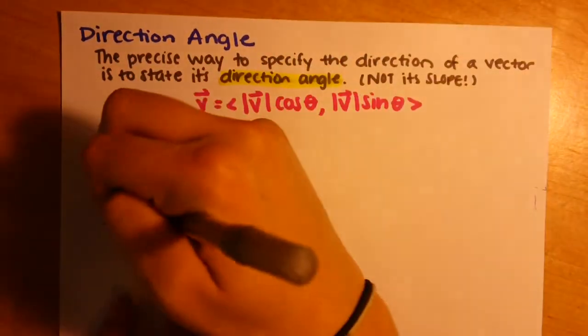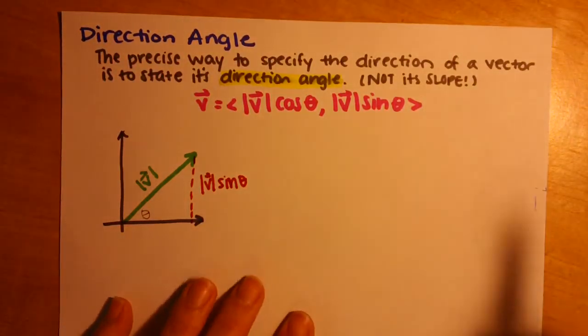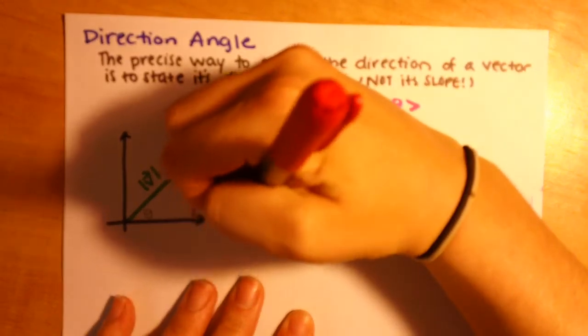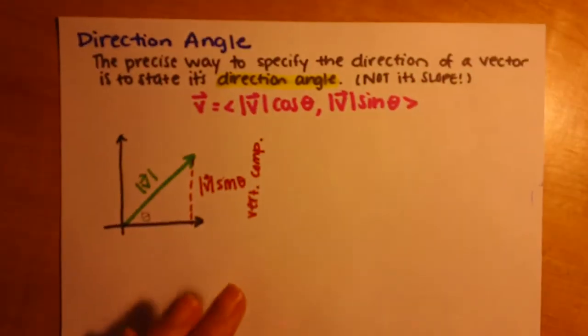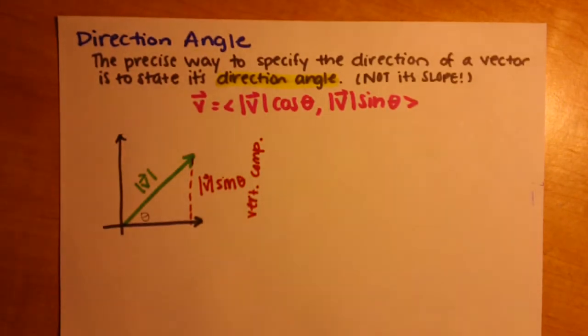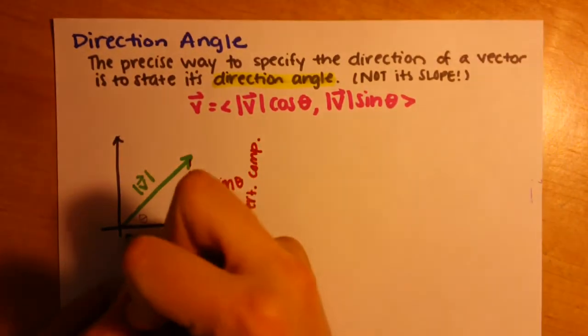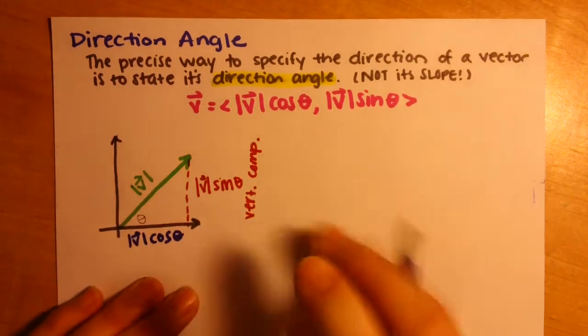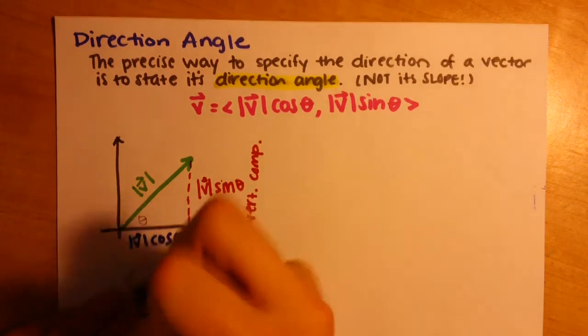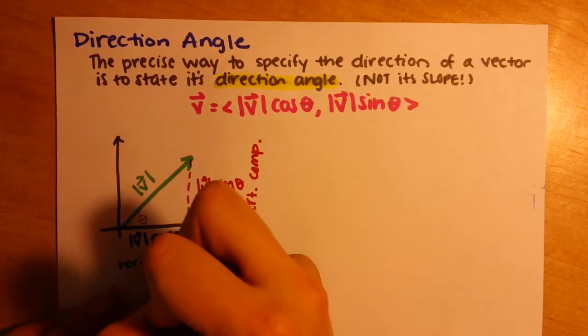The angle is right in here. Now our horizontal component is over here. We have the magnitude of v times cosine of the angle, and that's our horizontal component.